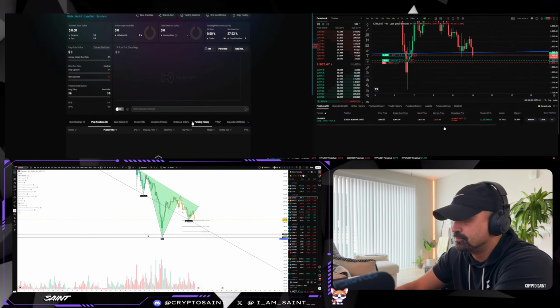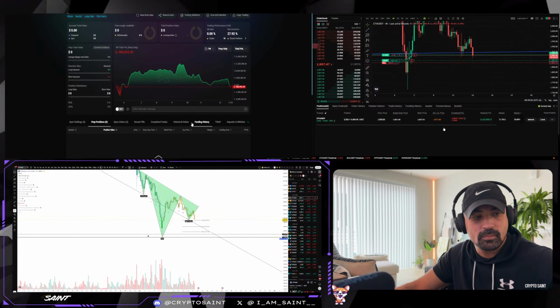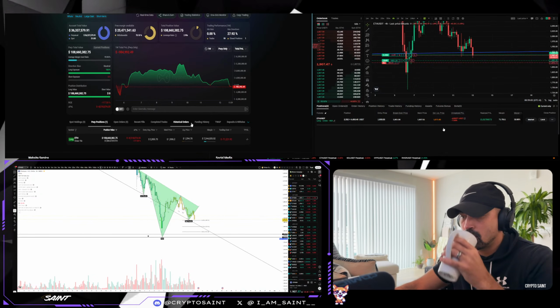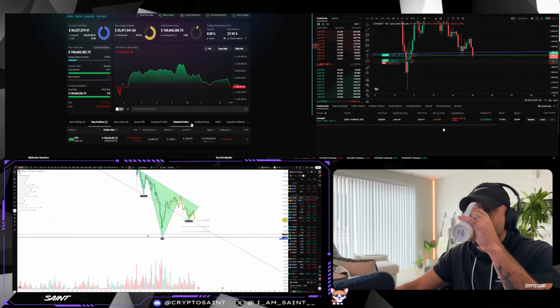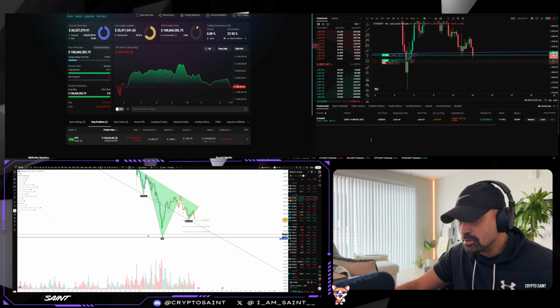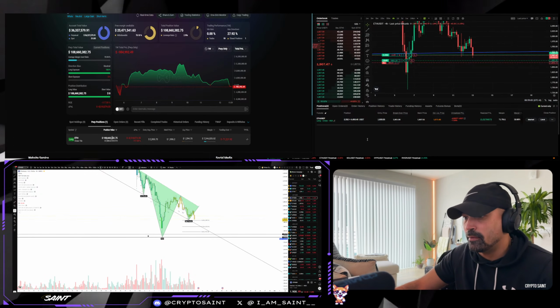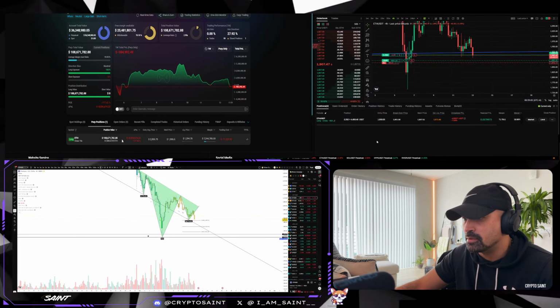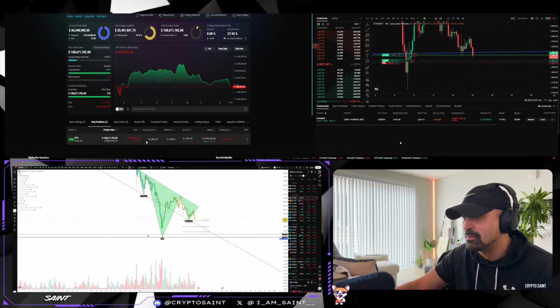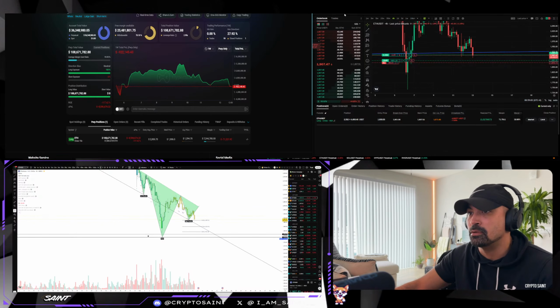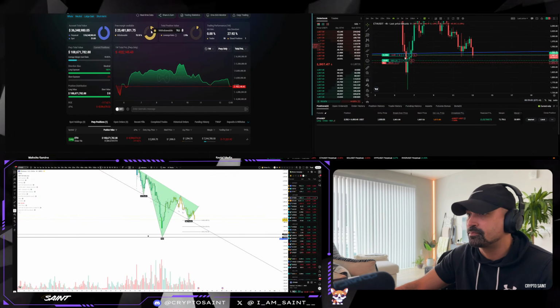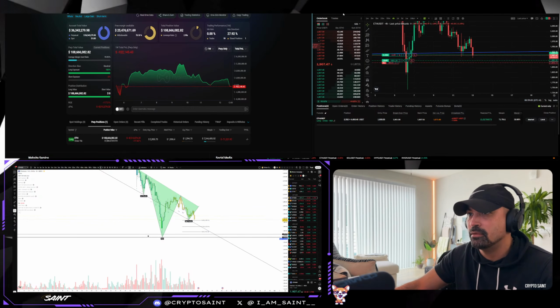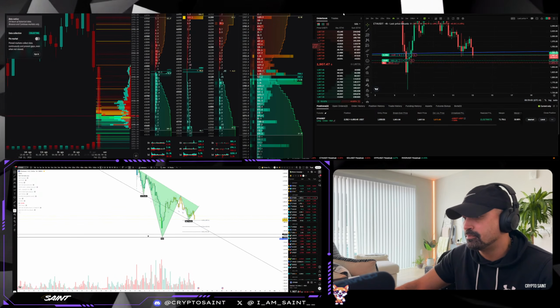Let's see if it loads. He did de-risk more. He went from 125 down to 115 down to 111. Now he's at 108, 8 million in the red. The guy refuses to close. Ballsy. Very, very ballsy.